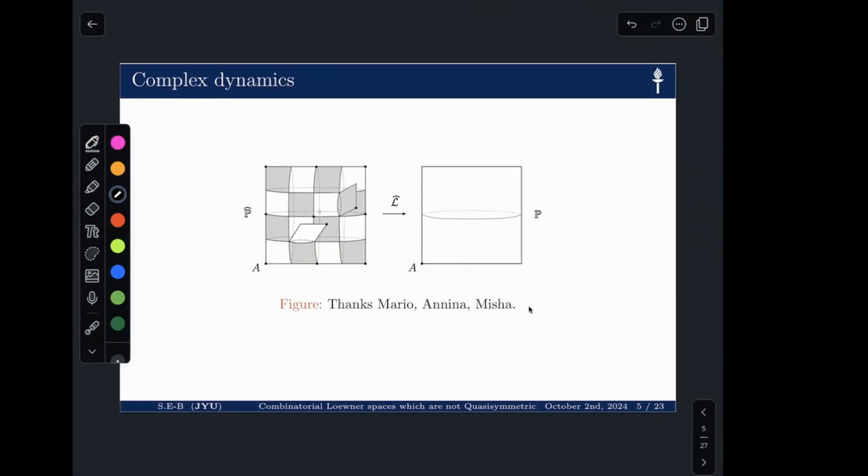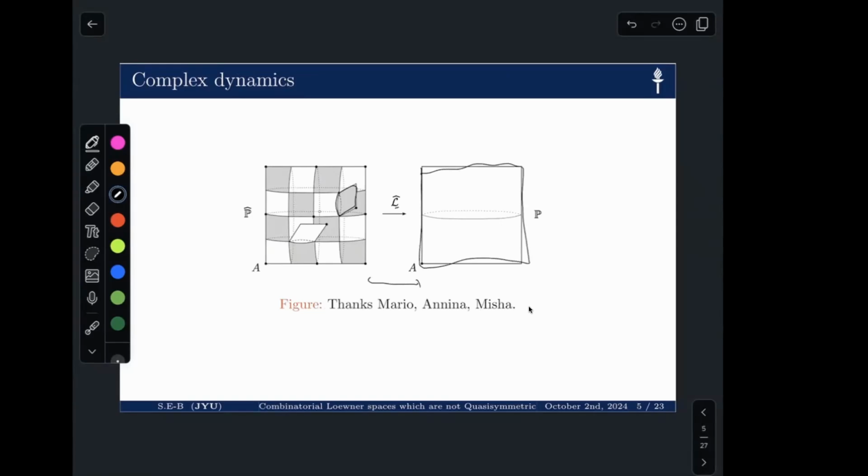So in complex dynamics, there are these combinatorial constructions of expanding Thurston maps. Here is one example, and this can be visualized as here: every one of these squares, this map L is scaling them to one side of this pillow space.